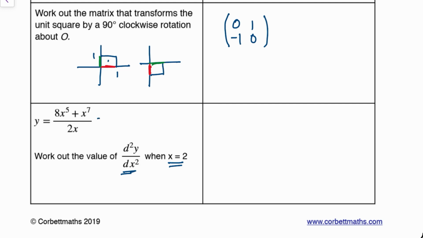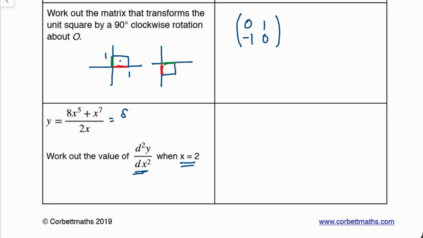So first of all, let's rewrite the equation because I haven't done the product rule. Don't do that until later. So I need to make it into something I can differentiate. So I'm going to divide, well, let's do the step in between. So 8x^5 over 2x plus x^7 over 2x. And that's splitting fractions.